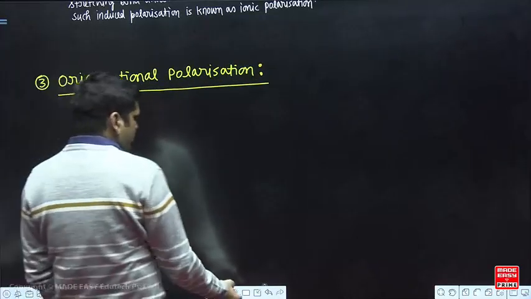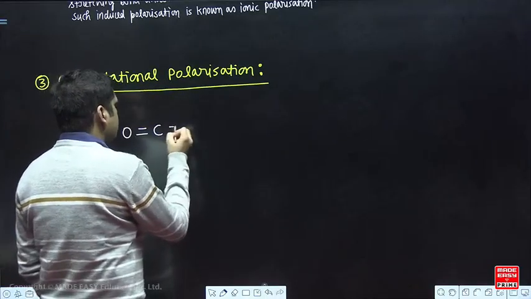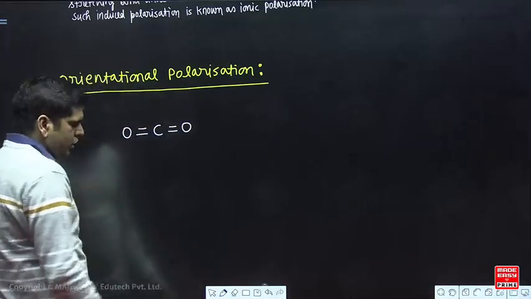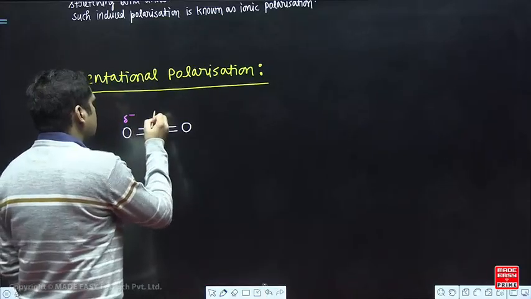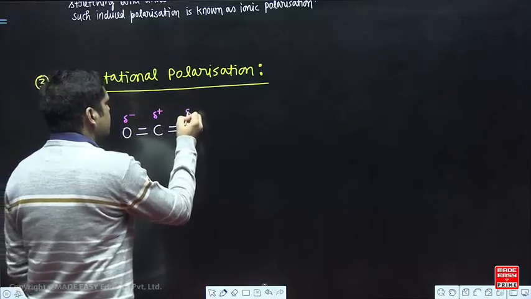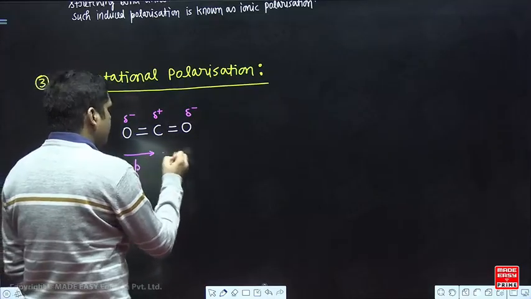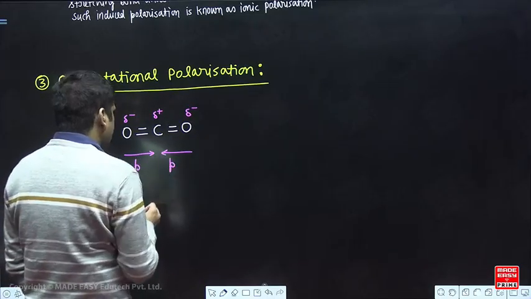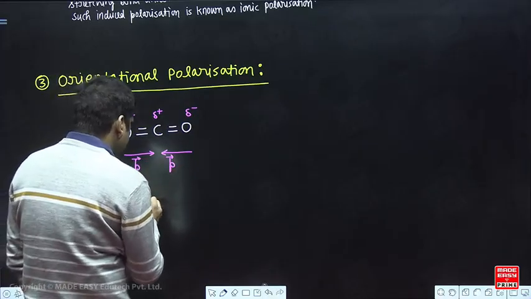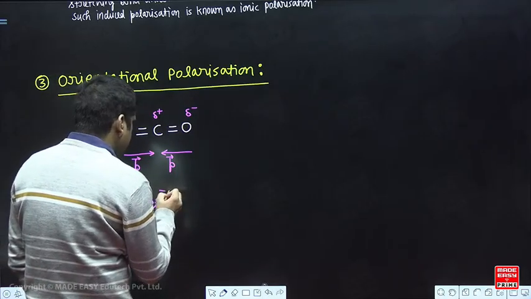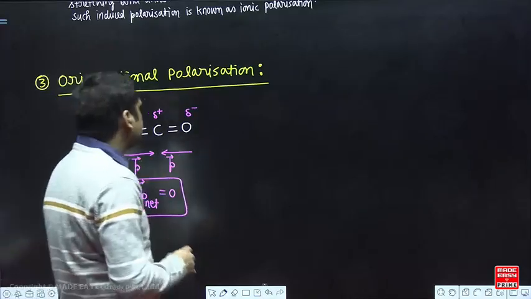Let us suppose we have a molecule C double bond O double bond O. Here oxygen is negative and carbon is positive, so you have a dipole like this and a dipole like this. If you calculate the permanent dipole moment, these will cancel each other, so the net dipole moment is equal to 0.